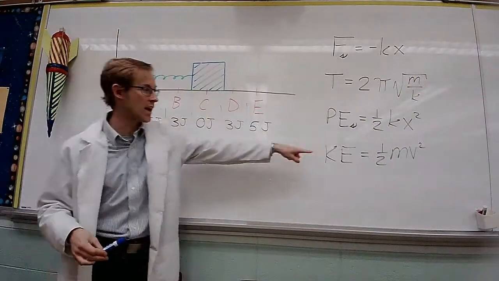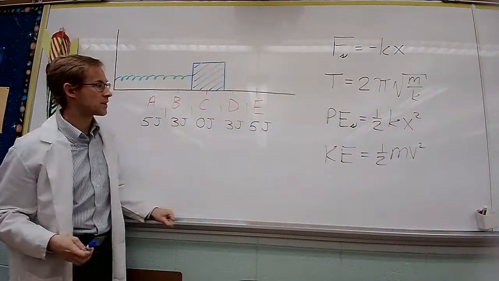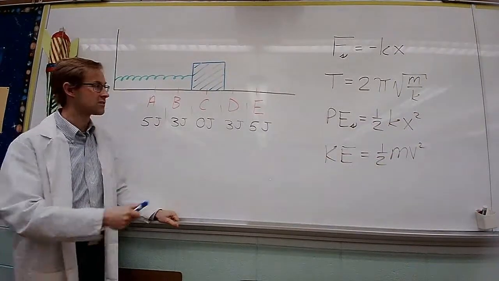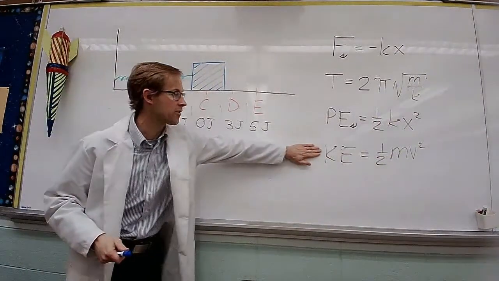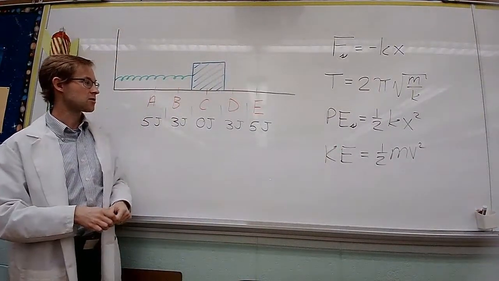Kinetic energy is 1/2 mv squared. If we know the spring potential energy for these positions, that's all we need to figure out what the kinetic energy is at these different areas. So let me just quickly show you how.